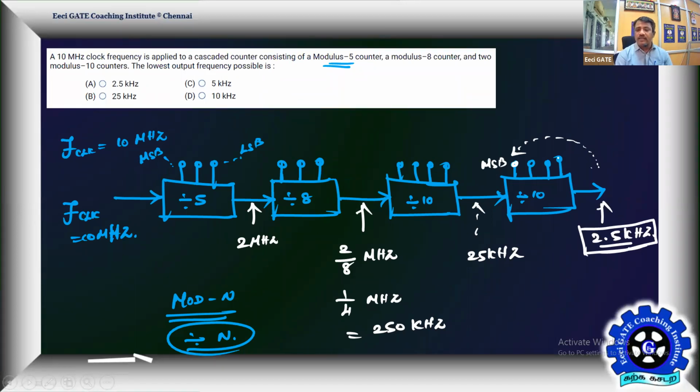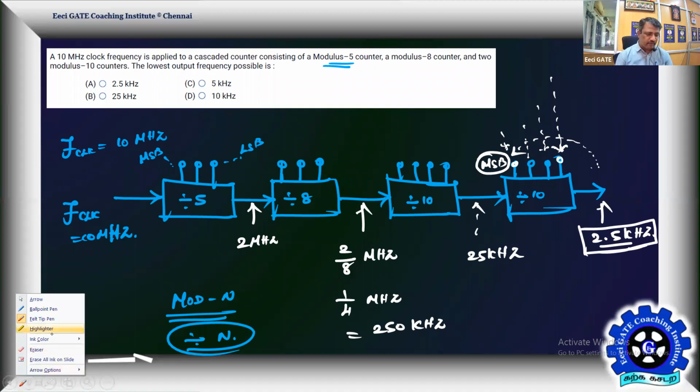I thought the problem was about the LSB, but actually it is about the MSB, which is the one going to have the lowest frequency. The problem is straightforward. I thought it was a little tricky, but it is very simple, and most students might have given the right answer.